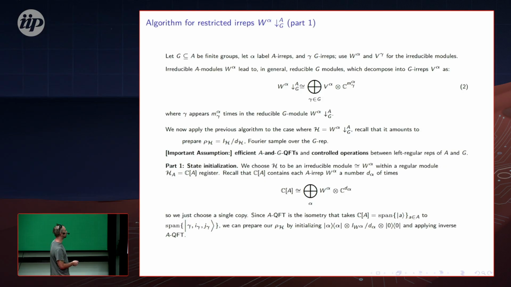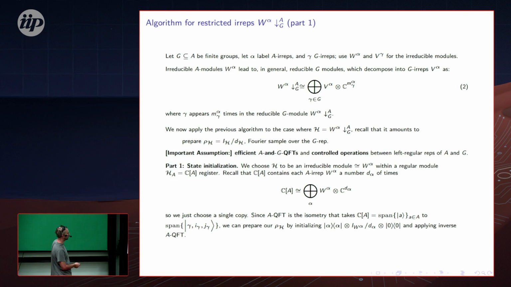So how do we initialize the maximal mixed state over the restricted rep? Well, we just need to initialize it over the alpha irrep. So one thing we can do is initialize a register with the whole group algebra of A, a left regular register for A. A and G are finite groups, right? So you need log order of A qubits. And since you have an efficient AQFT, you can apply it in reverse on the alpha irrep and set the copy index to anything.